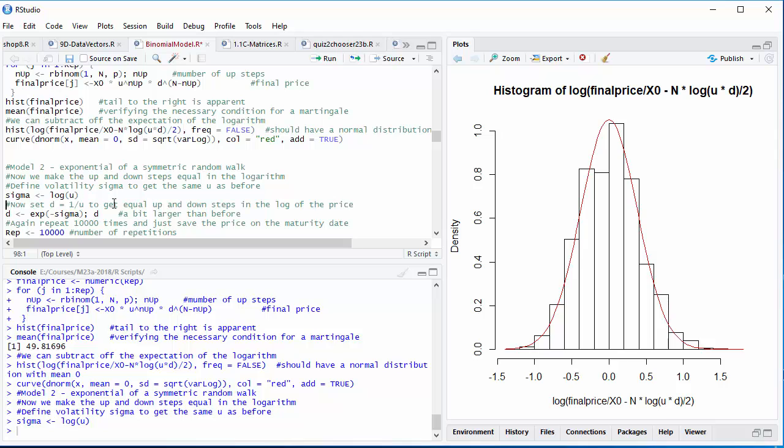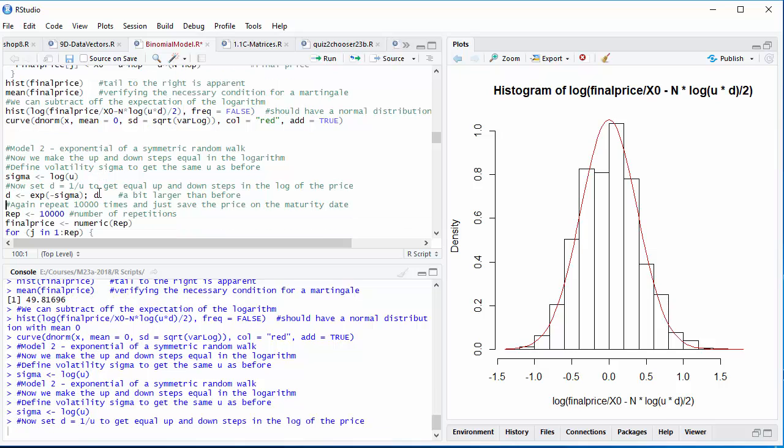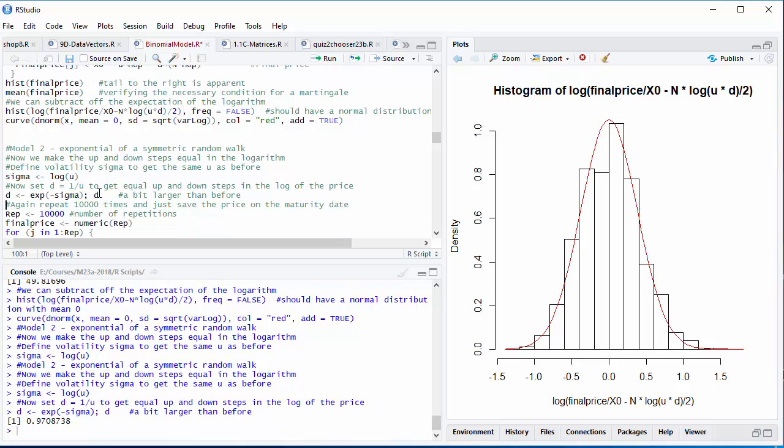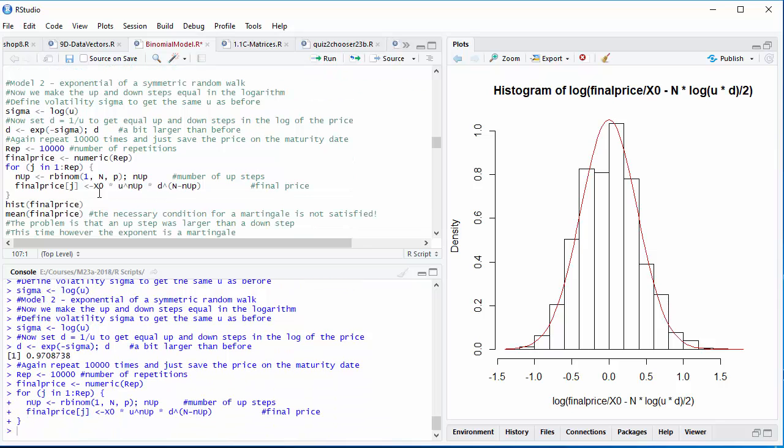In the models you've been seeing in class, this is the situation where we either multiply or divide by the quantity I've been calling capital V. And because it's conventional, I'm going to take the logarithm of the up multiplier and call it sigma. Then for the downward step, I have the expectation of negative sigma. Everything else is just the same as before, so I'll run through this very quickly.